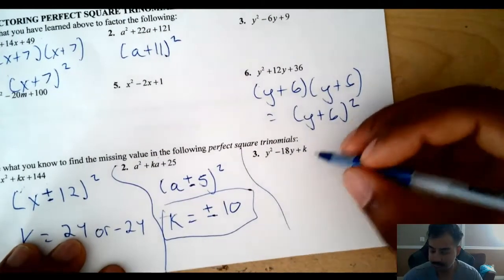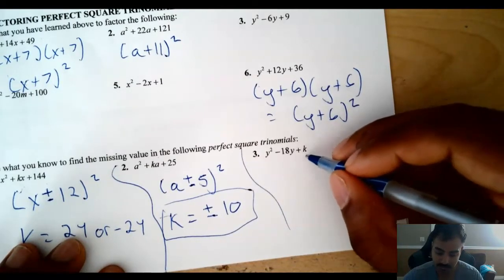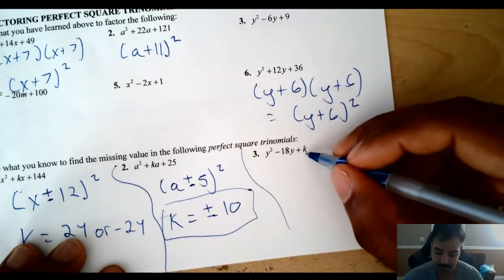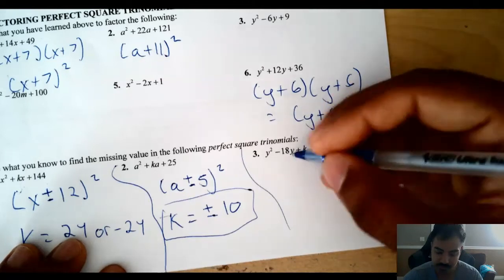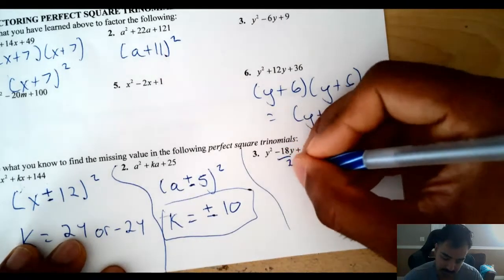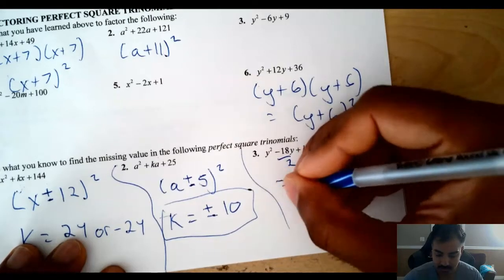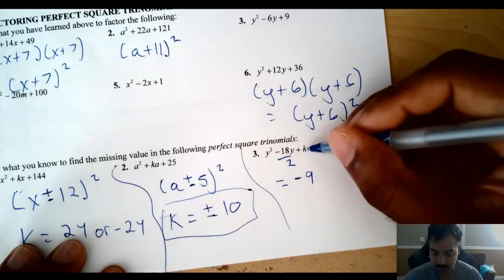Okay, last bit here. So now this is a little bit different. Now we're figuring out a number squared gives you k, and then adds to negative 18. So since it's a perfect square trinomial, we know we can just divide this number by 2. So divide this by 2, and then we get negative 9, right? So we know that negative 9 squared will give us k.